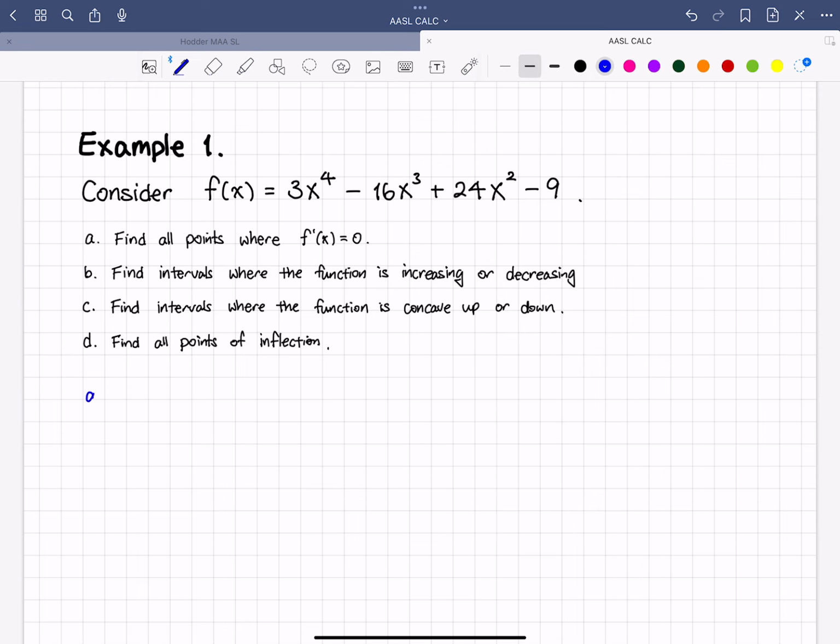So part A, I need to first find f prime. What is that? 12x cubed minus 48x squared plus 48x. Okay, and then I can factorize this. They all have x's and they all have factors of 12.